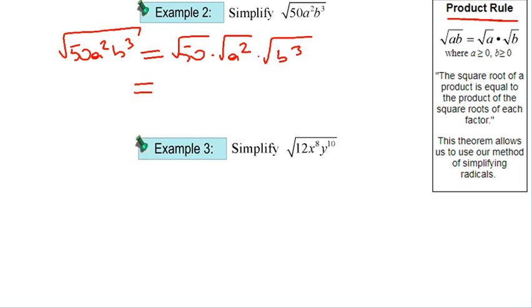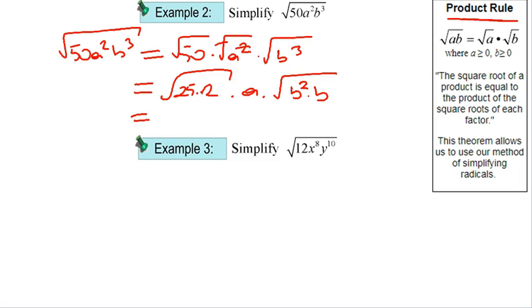I can factor this 50 into the product of 25 times 2 underneath the radical. The square and the square root cancel each other out, so this is just a. Then I can rewrite b cubed as b squared times b.